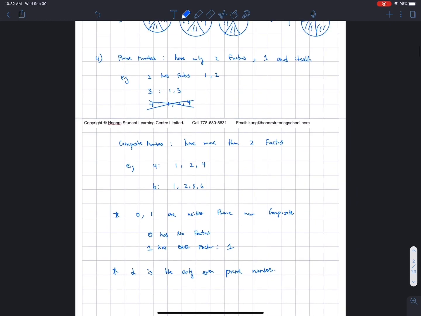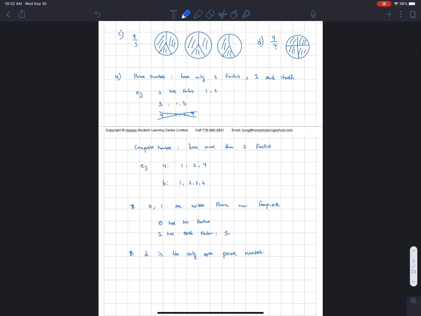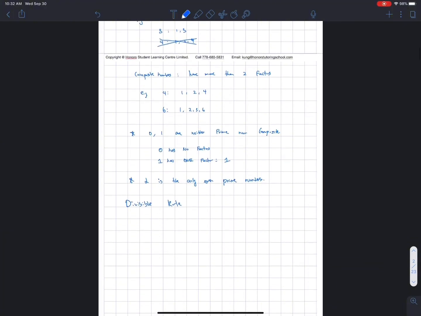Okay, I want to go over some of the very easy divisibility rules that you should already know. If a number is divisible by 2, the rule is just that the number ends with an even digit.